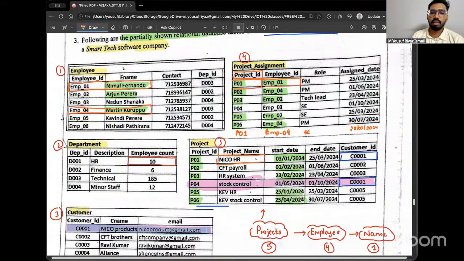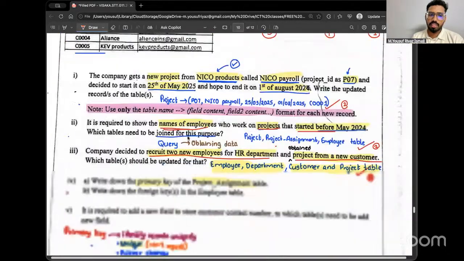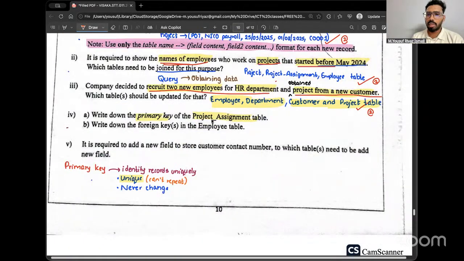That's why you should notice questions nicely. Have you ever got a single question in your exams where they just ask you to go to the table and give me a primary key? Whenever they give you a primary key question, they always mention something like write the primary key along with the table name, or write a primary key in this table.